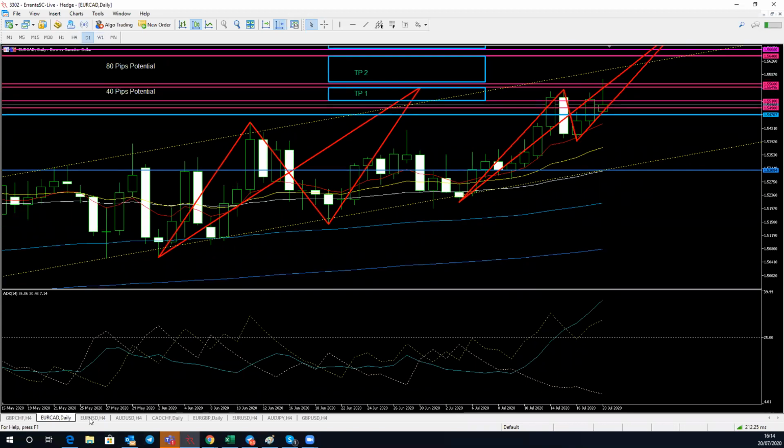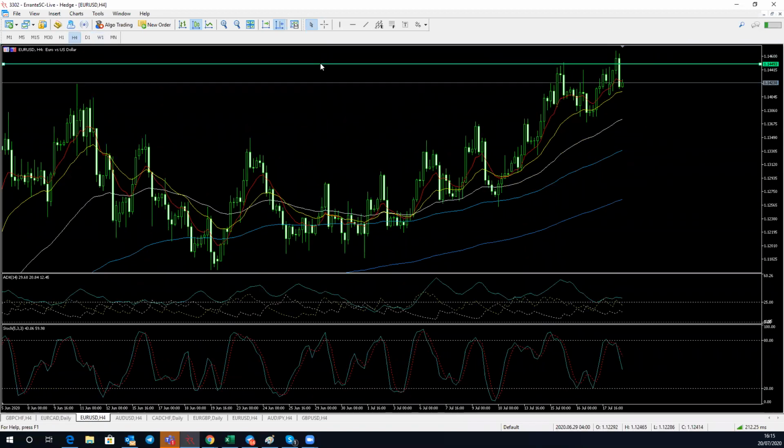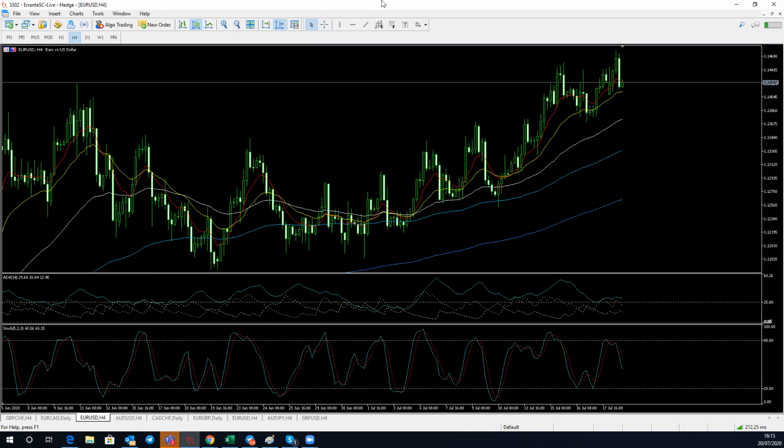Let's look at your Euro USD, because your position is on the sell, and at this moment we want to look at how we can cut the loss area once it corrects to the upside.